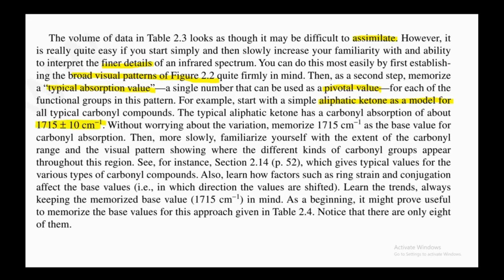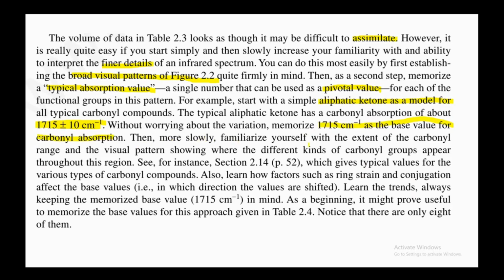That is the region for an aliphatic ketone. Either it could be 1725 or it could be 1705, so plus or minus 10 wave number is required. Without worrying about the variation, memorize 1715 as the base value for carbonyl absorption.